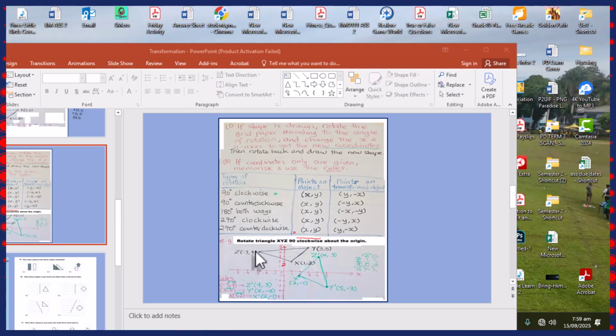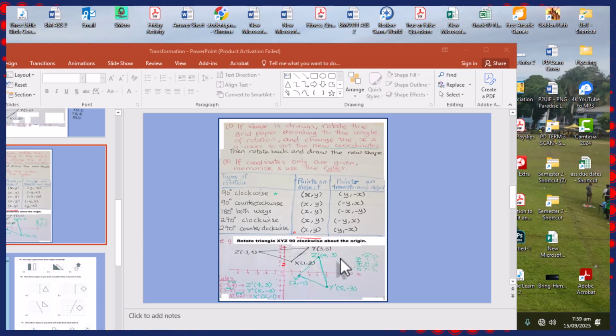When we rotate at 90 degrees clockwise, the two coordinates switch. 4 becomes the x coordinate, 3 becomes the y coordinate, but its sign changes from negative to positive. Let's check point Z. Yes, 4 becomes the x-axis, -3 becomes the y-axis with a change of sign.